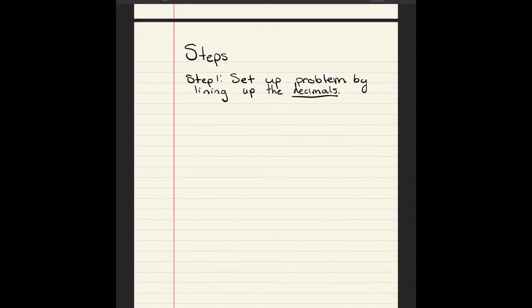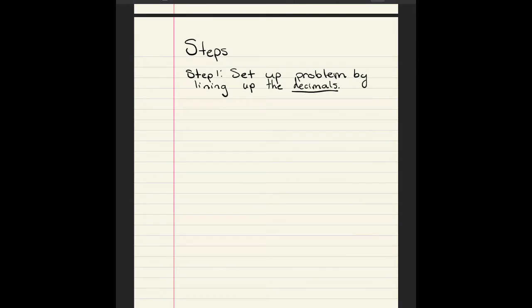All right, steps. Step 1 is to set up a problem by lining up our decimals. So if we look at our example again, which was 2.358 plus 1.08.